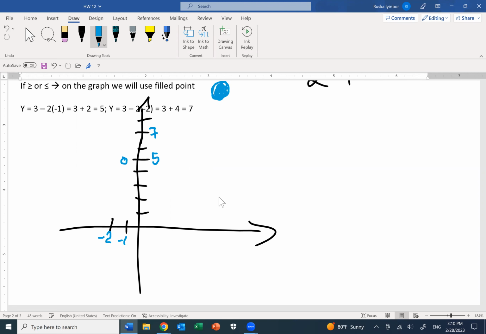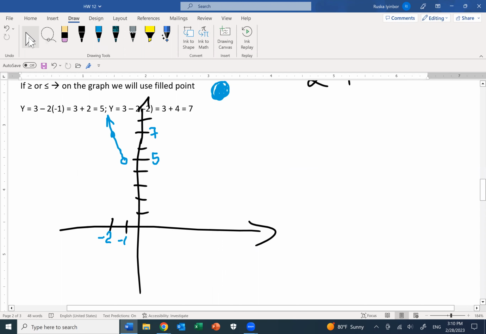So I have negative 2 and 7 as the next point. Then the graph starts from negative 1, 5, and it's going to continue this way. So that's one piece of the function.